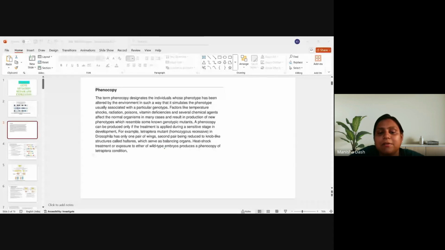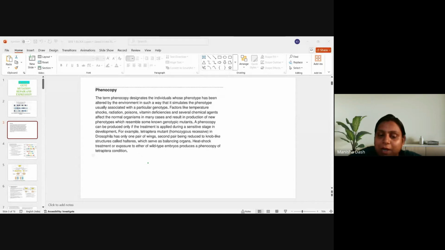For example, take Drosophila, the fruit fly. Sometimes the fruit fly can have a defective kind of wing structure. The defective wing actually occurs due to a mutation in the gene present in the fruit fly.